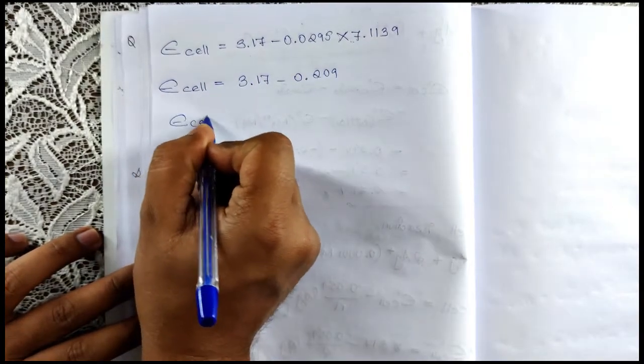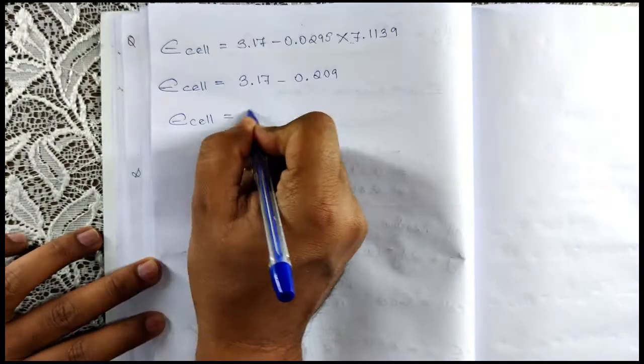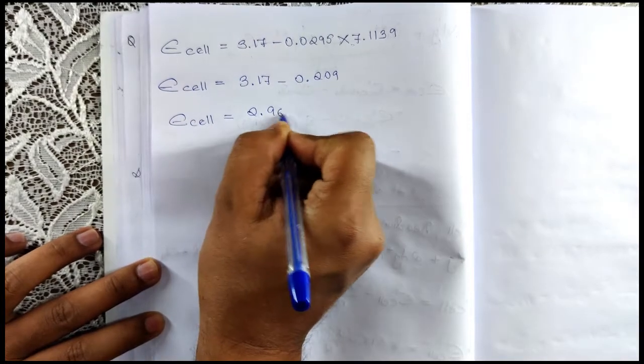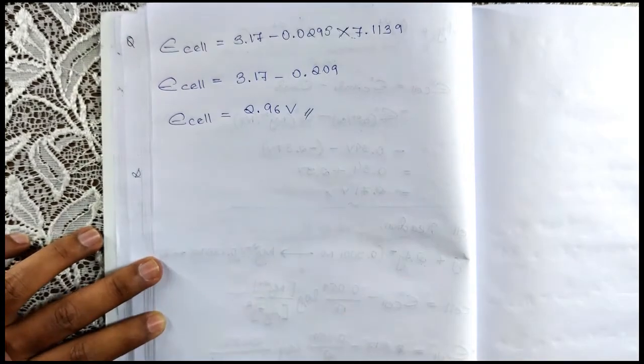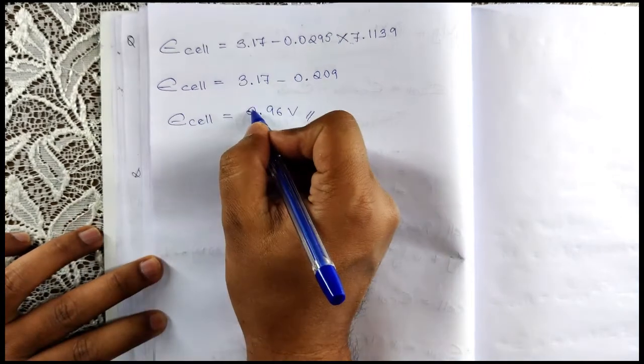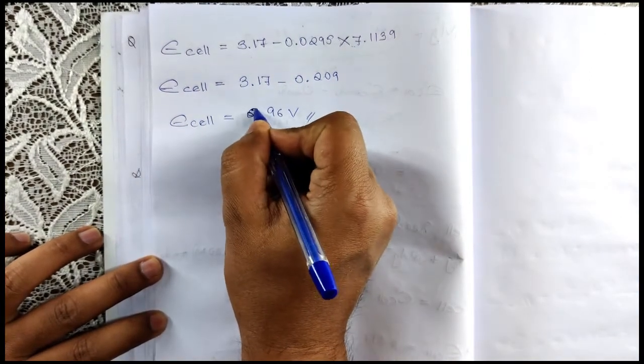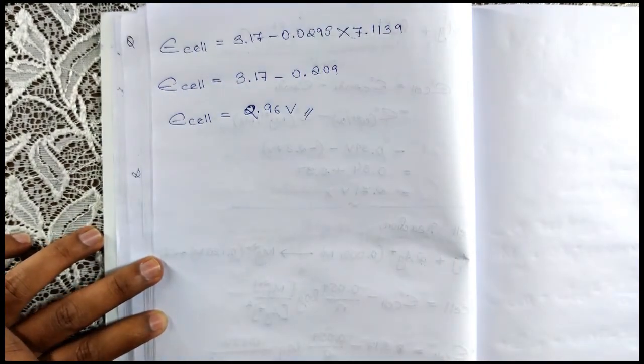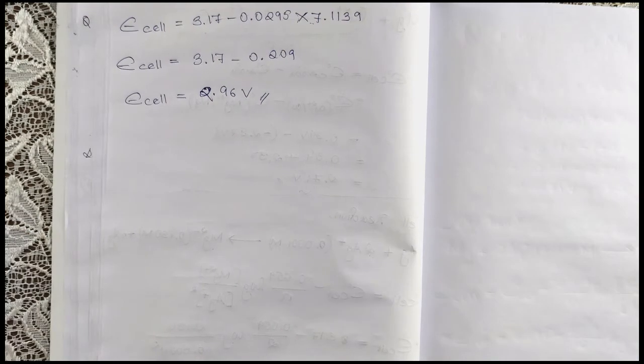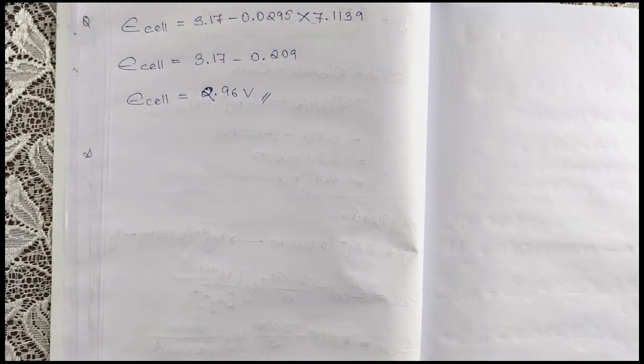So E cell will be 2.96 volts. So this is how you're going to calculate E cell. I hope you know how to take the log carefully. If you know how to take the log, it will be quite simple for you.